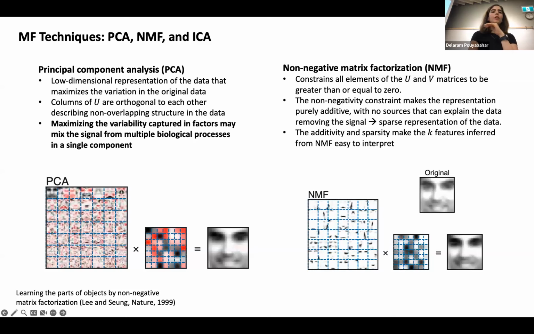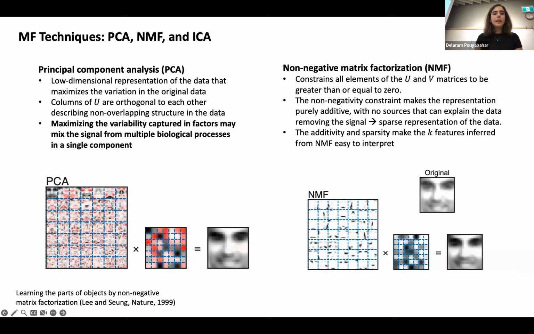One of the other super popular matrix factorization methods, specifically in genomics, is non-negative matrix factorization. What NMF does is that it constrains all the elements of the input matrix and of the loading and score matrices to be greater than or equal to 0.